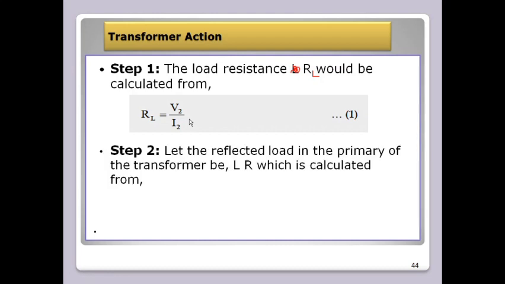So RL equals V2 by I2. And then there is the reflected load in the primary, that is RL dash. RL dash is given by V1 by I1.